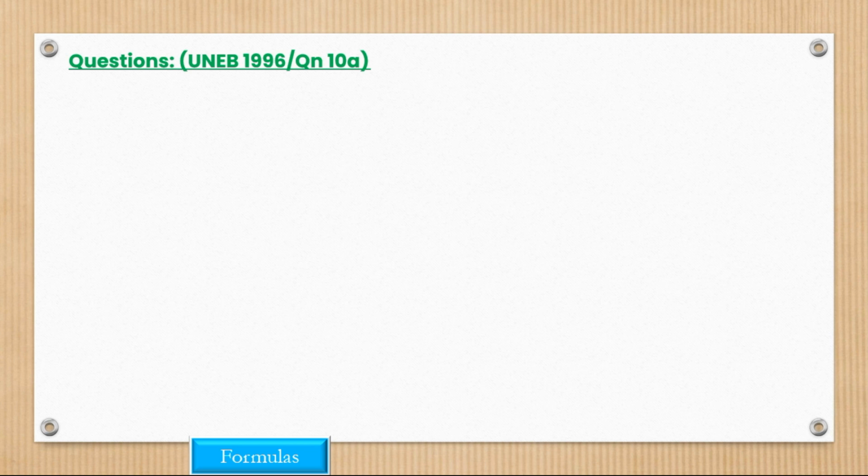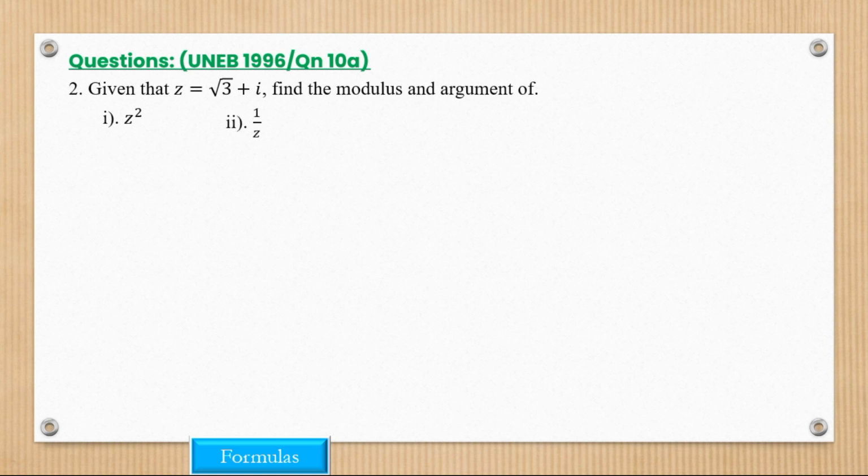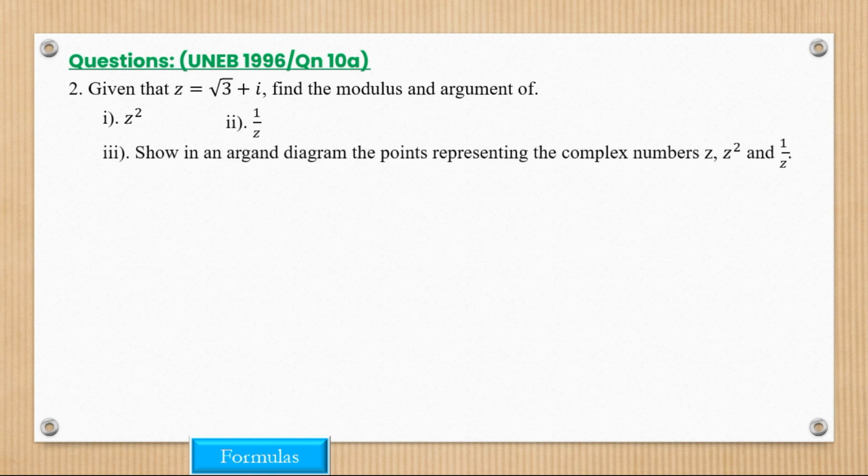Alright, so let's look at a question from UNEB 1996, question 10a. We're being asked that given that z is equal to root 3 plus i, find the modulus and argument of 1, z squared, 2, 1 over z, and then show in an Argand diagram the points representing the complex numbers z, z squared, and 1 over z.